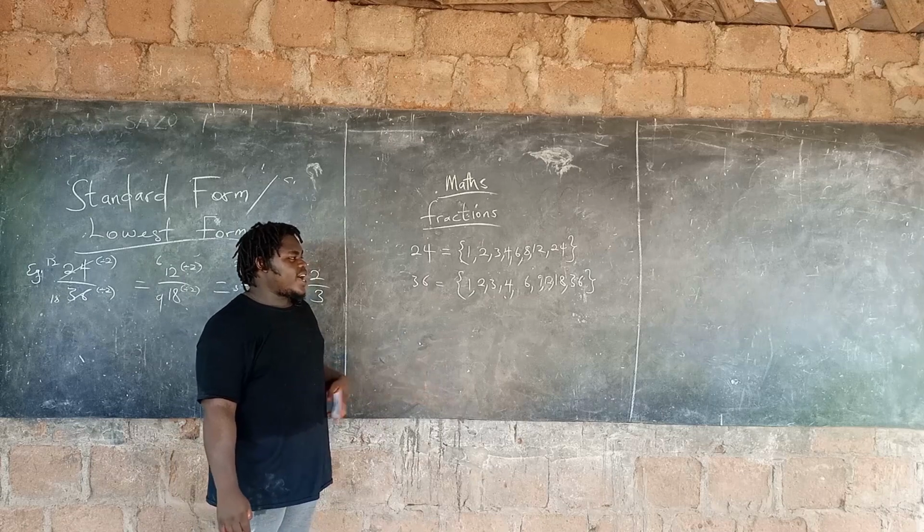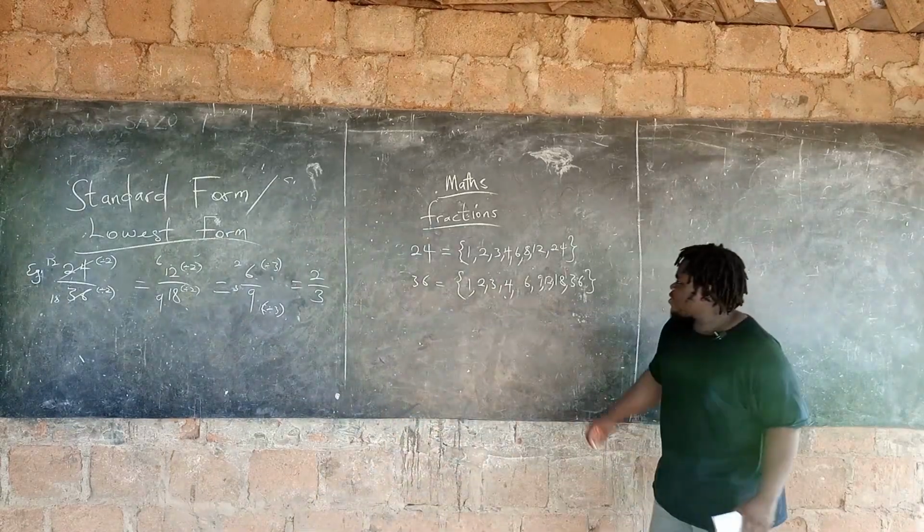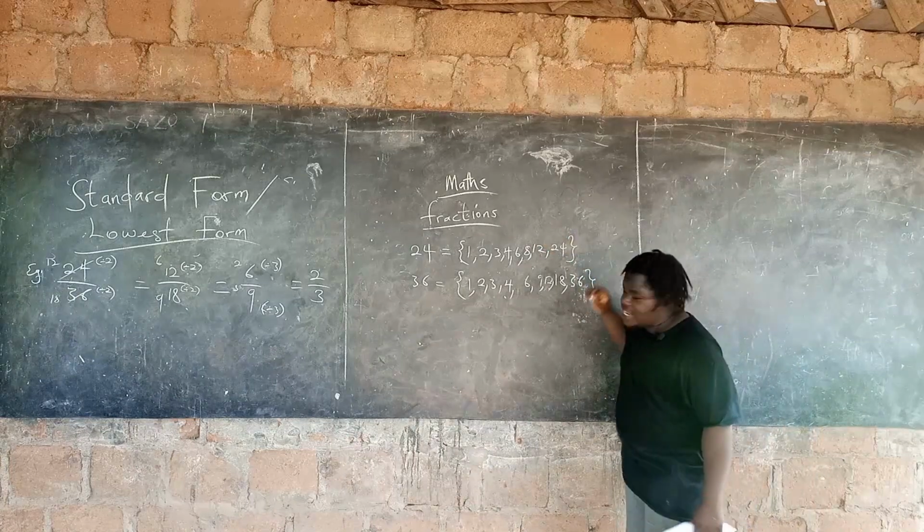Now, let's look at the highest common factor over here. So the highest common factor is 12. Let me circle it.